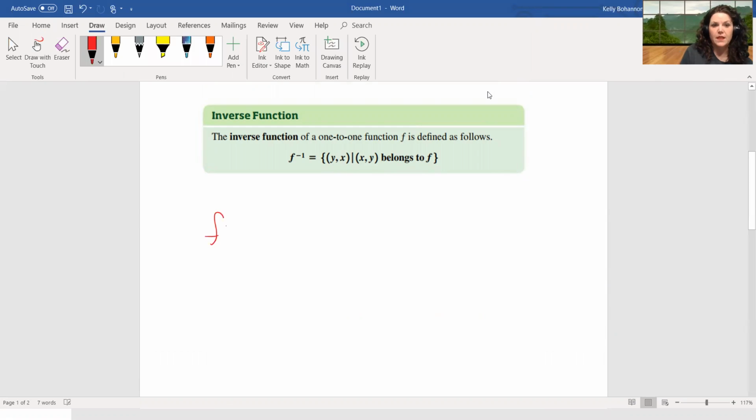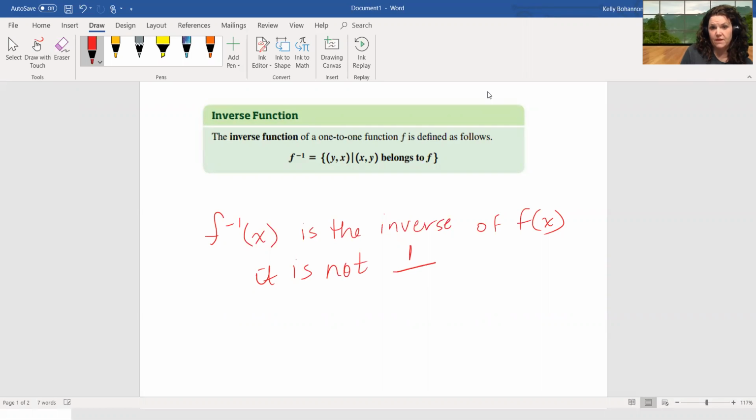So this f to the -1 of x is the inverse of f of x. It is not the reciprocal. It is not 1 over f of x. Those are not the same thing. Just want to make sure that we're aware of that.